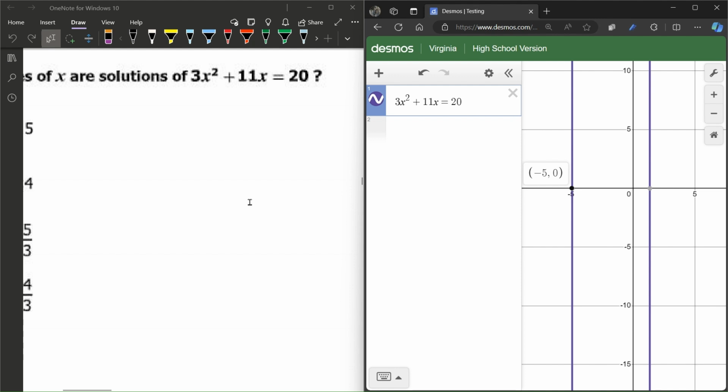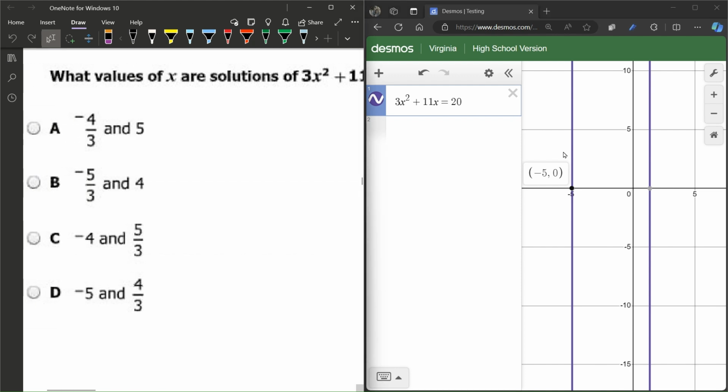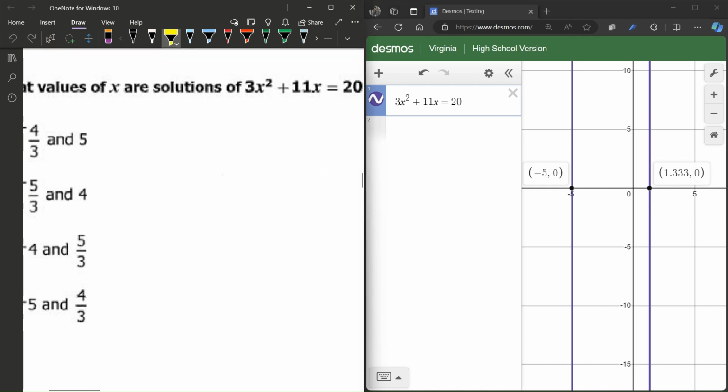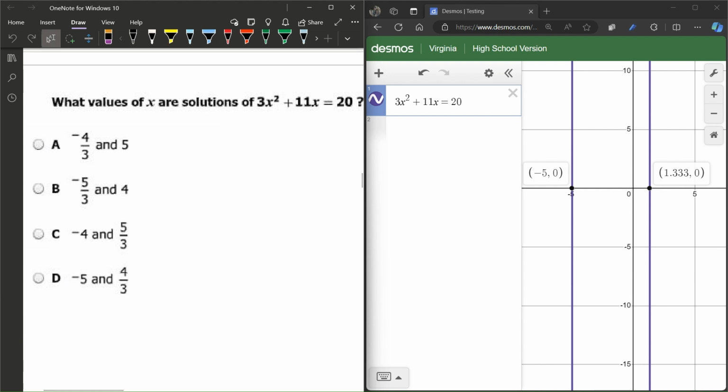And I get negative 5 as one of my answer choices, and I get a decimal. Now, if you get a decimal, just pay attention to the number that is in front of the x squared. In this case, that decimal happened because it was divided by that number right there, 3.